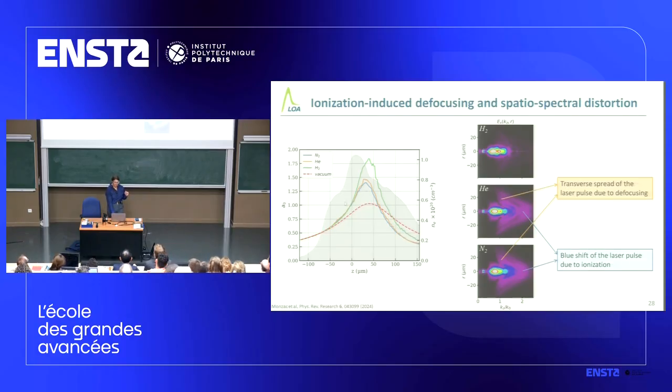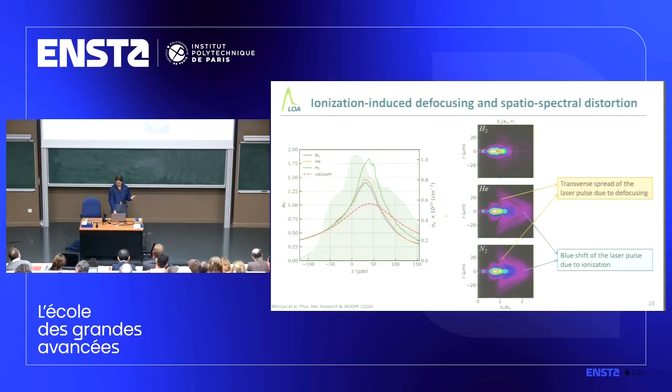And you see the intensity for the three gases, hydrogen in green, helium in orange, and nitrogen in blue. And in red, it's the normalized intensity for the laser propagating in vacuum, just for reference. So you see that using hydrogen, we reach a higher intensity than using the other gases, and helium and nitrogen have very similar behavior.